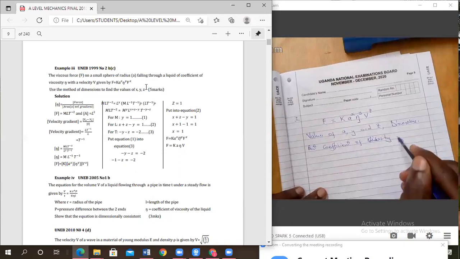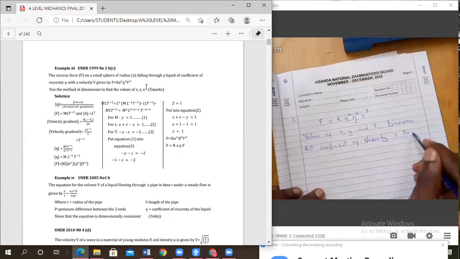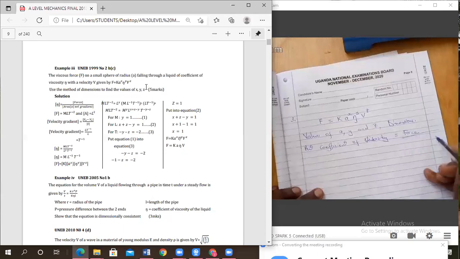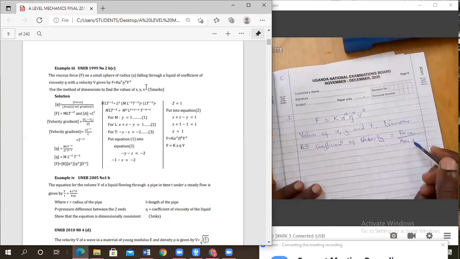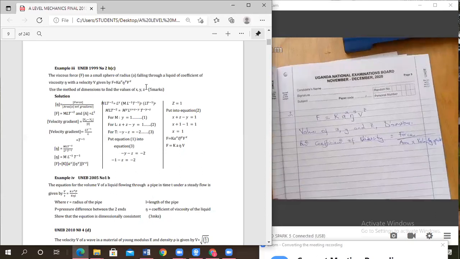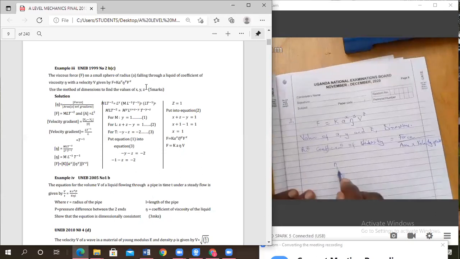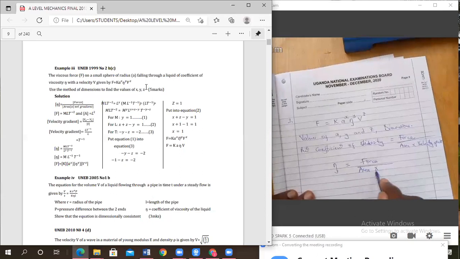So coefficient of viscosity equals force divided by area times velocity gradient. Take note of that.